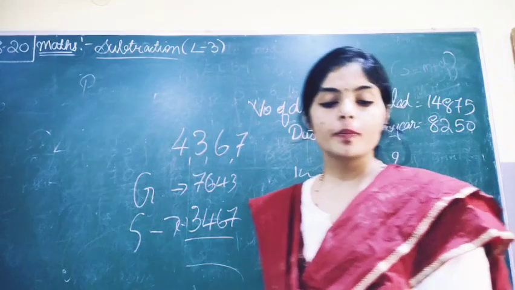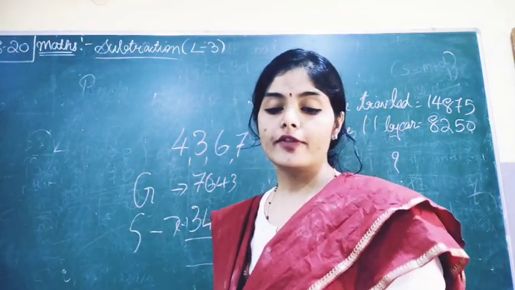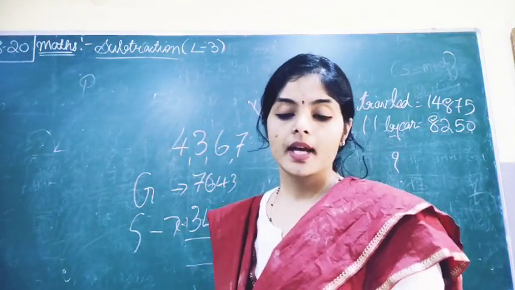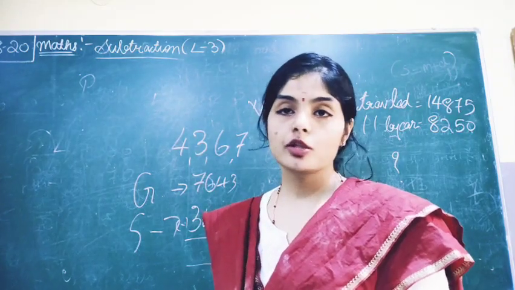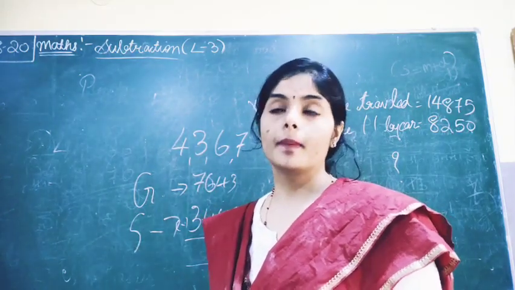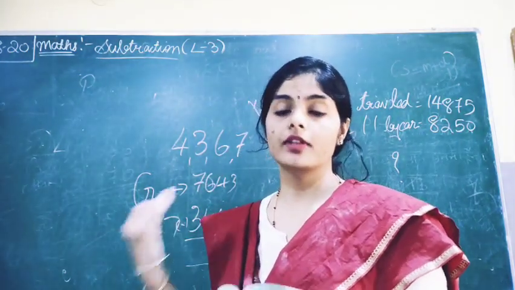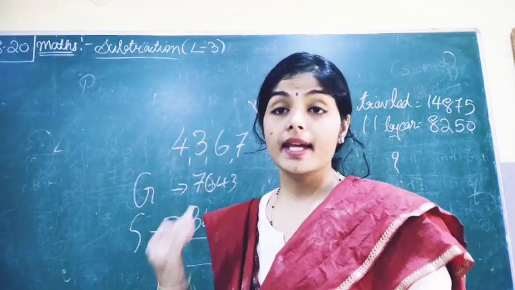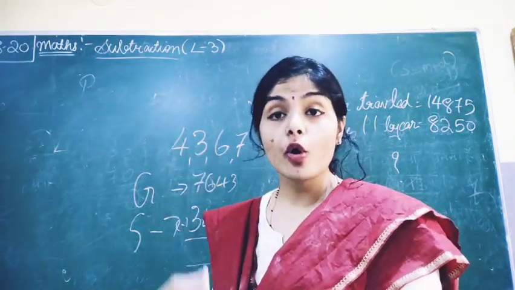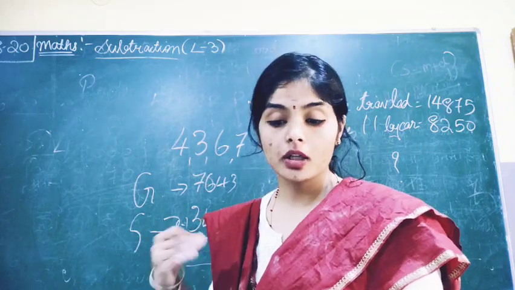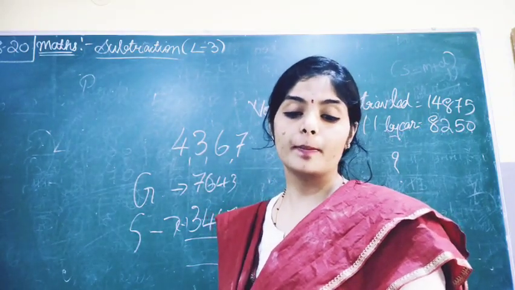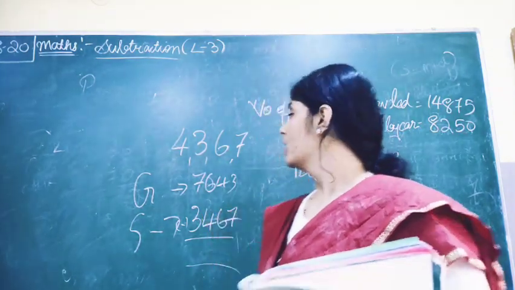Next, a superfast train carries 7,200 people. Think of a metro train carrying 7,200 people. If 2,485 got down, then find the number of people travelling in the train.